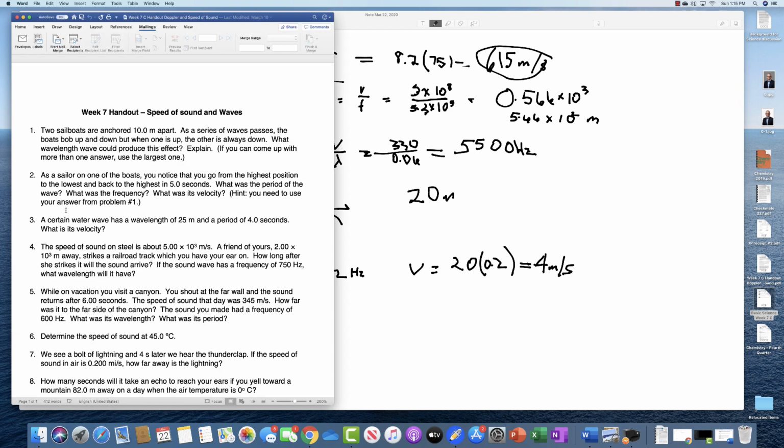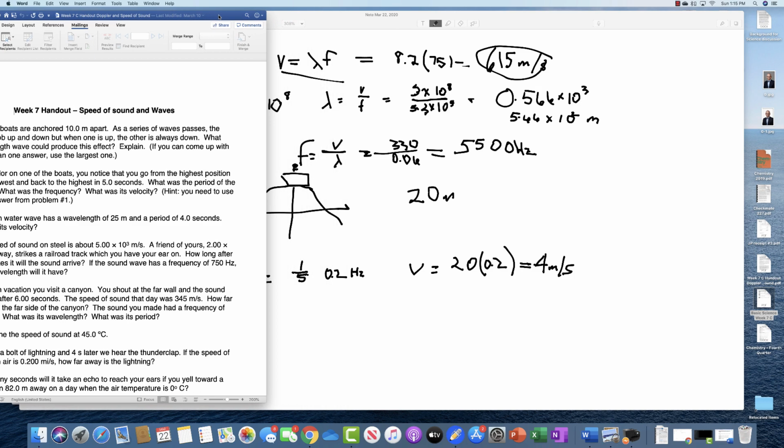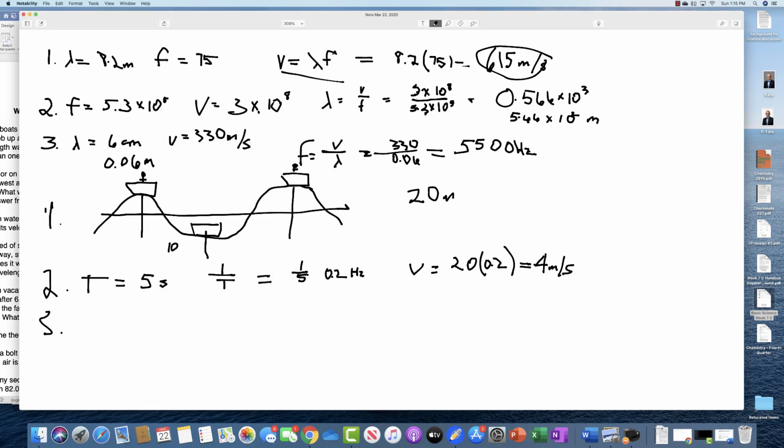Number 3. A certain water wave has a wavelength of 25 meters and a period of 4 seconds. What is the velocity? Okay, first of all, you know from this equation that you cannot calculate the velocity of a wave from a period alone.